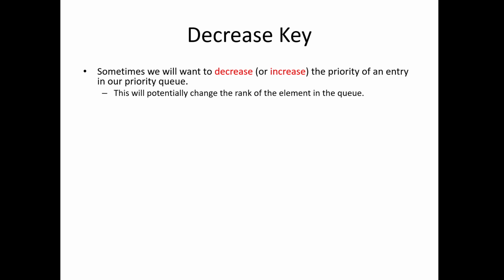Usually this means moving it closer to the front of the priority queue. And if you're faced with this problem, you might realize that this is at first actually not a very straightforward or easy problem to solve.